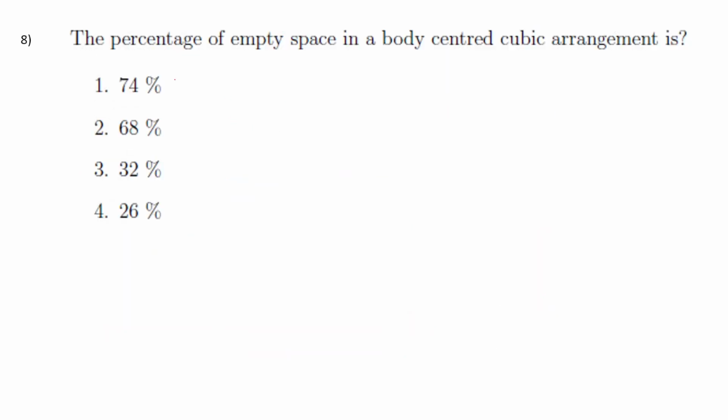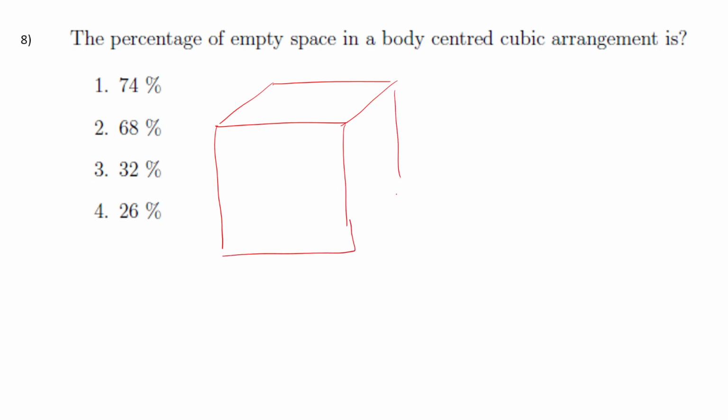So the next question is, what is the percentage of empty space in a body-centered cubic arrangement? A body-centered cubic arrangement is, you will have a cube, and on each of the corners you will have a sphere.